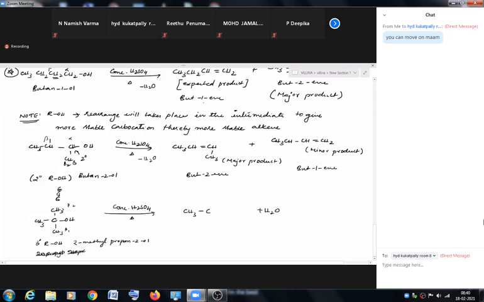So double bond CH2 and CH3. This is the only way. Even if you try to remove the hydrogen from here also, this will be our alcohol. So this will be our alkene.